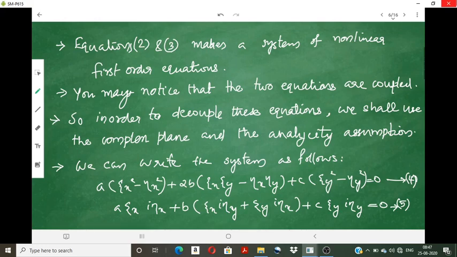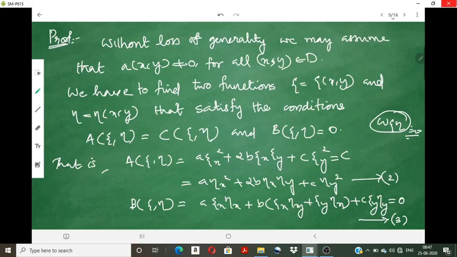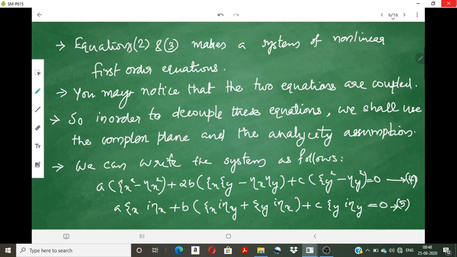We know that A is equal to C. So taking all the terms containing A to the left side and equating to 0, we can rewrite equation number 2 as A into theta x square minus eta x square, plus 2b into theta x theta y minus eta x eta y, plus c into theta y square minus eta y square, equal to 0.